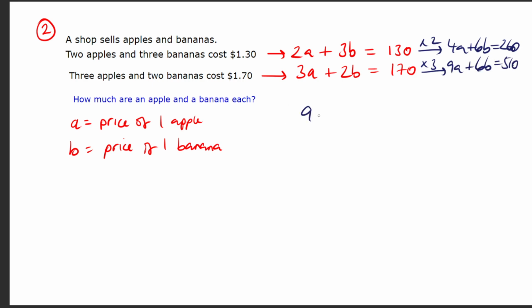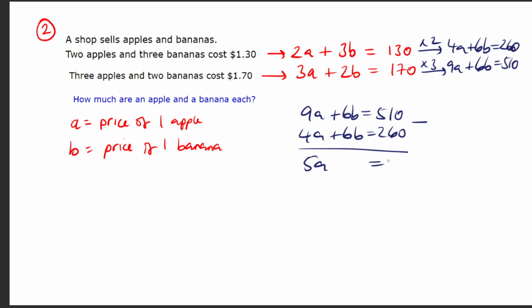And then of course I need to solve that. So I'll just write it here. And I'll put the bigger one on the top, make it slightly easier. So I would in this case just subtract. 6 bananas minus 6 bananas is nothing. So that tells us that 5 apples is equal to 250. So it tells us that 1 apple is 50.